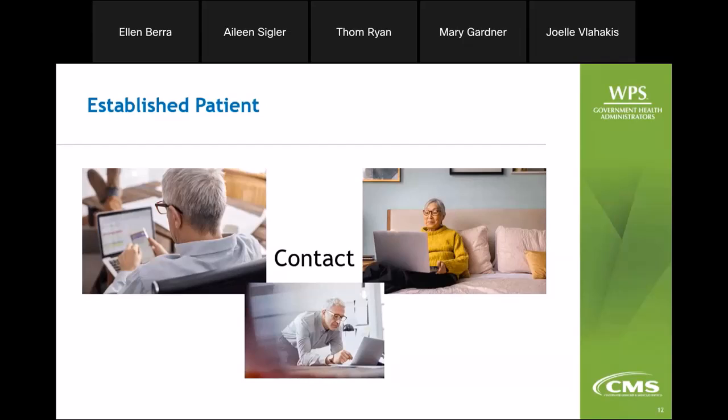The other thing that you want to think about is that, let's say that last month you had an evaluation and management service with the patient, but you didn't talk about CCM. So that would not be considered an initiating visit because you don't have documentation that you talked about CCM. But remember the requirements, you have to have an initiating visit for new patients or patients not seen within the previous year.